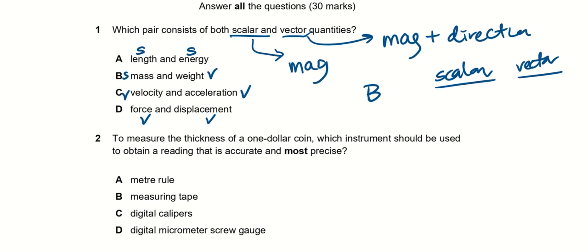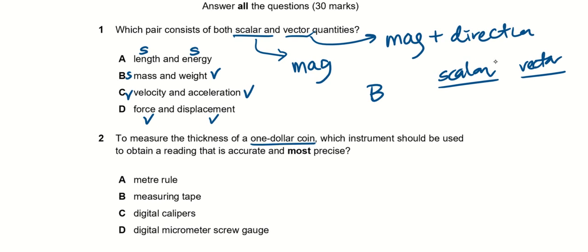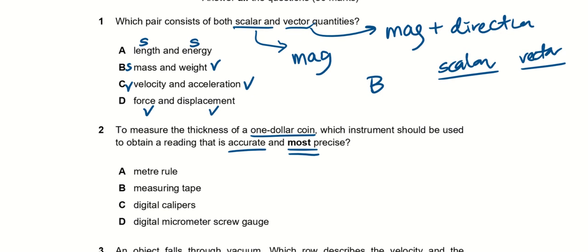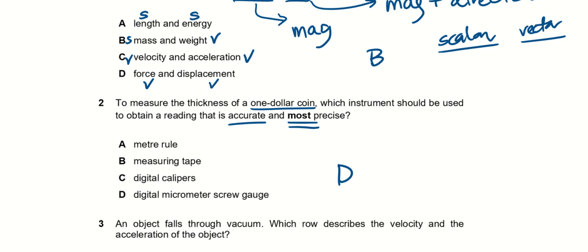Now, to measure the thickness of a $1 coin, which is very thin, right, which instrument should be used to obtain a reading that is accurate and most precise? So, of course, most precise will be your digital micrometer screw gauge. Okay, so maybe we talk about the precision for each instrument. For meter rule, is actually 0.1 cm or 0.001 meters.